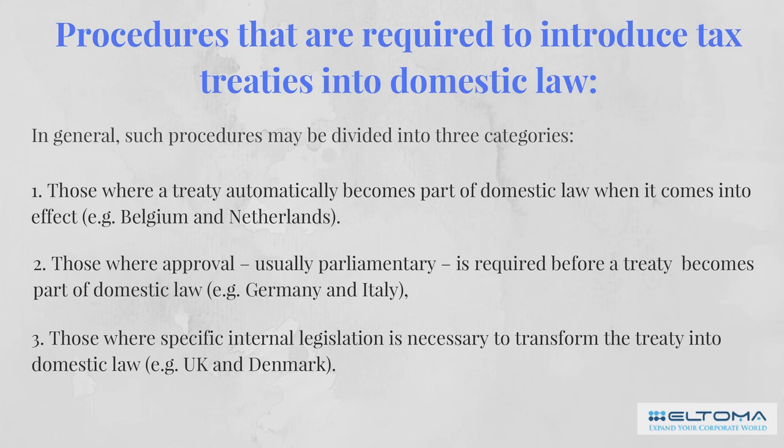So again, if the domestic law doesn't provide any tax, the fact that a certain amount of tax is provided by the double tax treaty does not impose the obligation on a taxpayer to pay the withholding tax.